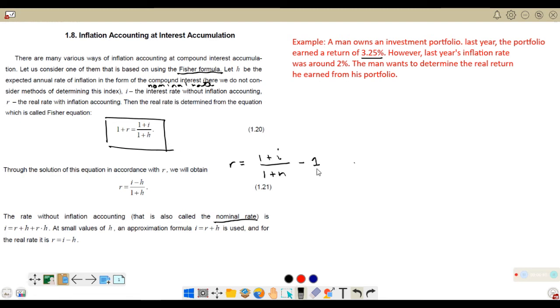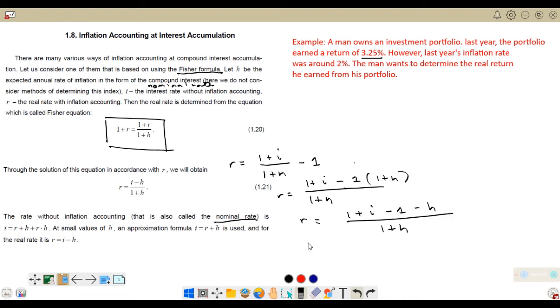Which will then give you, pag sinimplify mo to, R is equal to, hanapin natin ang LCD, so 1 plus H. And then, this is 1 plus I minus 1 times 1 plus H. Which will give you R is equal to 1 plus I minus 1 minus H over 1 plus H. R is equal to, tanggal na yung dalawang 1, matitira na lang sa'yo ay I minus H over 1 plus H. So, doon nakuha tong formula na to for the real inflation rate.